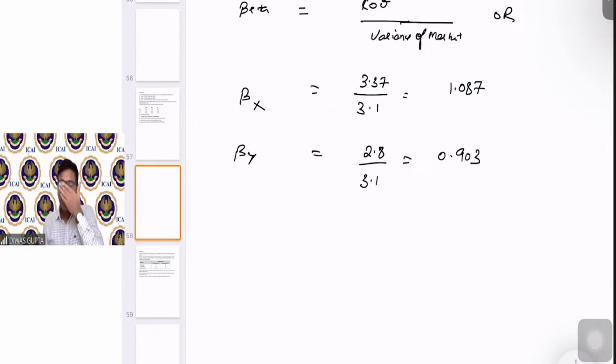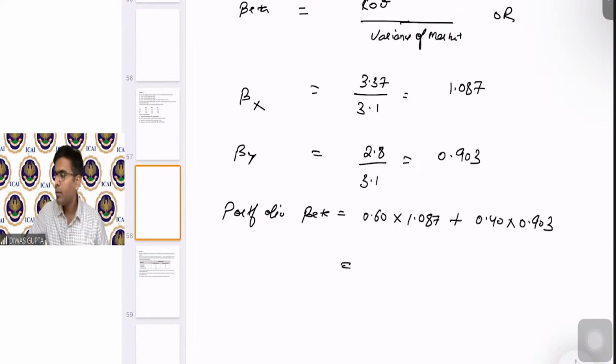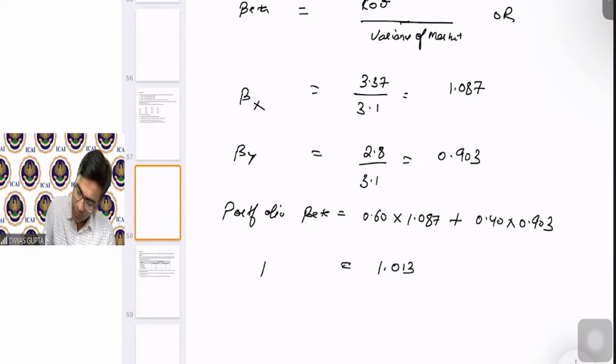So we have first of all arrived at the respective betas of both the securities. Now portfolio beta will be 60% of X plus 40% of Y, which is 1.013. This is beta of portfolio.